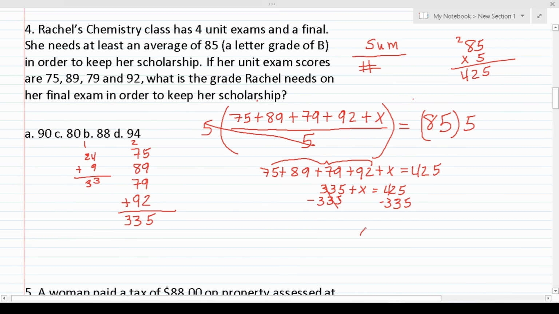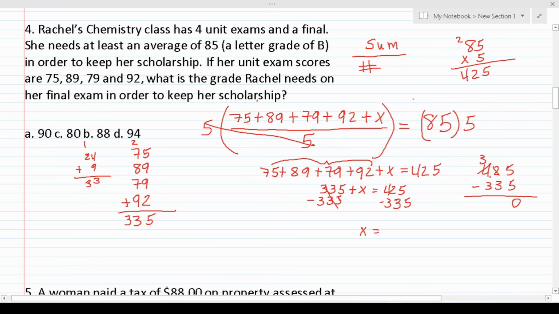This crosses out, leaving you with X equals 425 minus 335. 5 minus 5 is 0. 2 minus 3 is going to be, we can't do, so we have to borrow. This becomes 3.